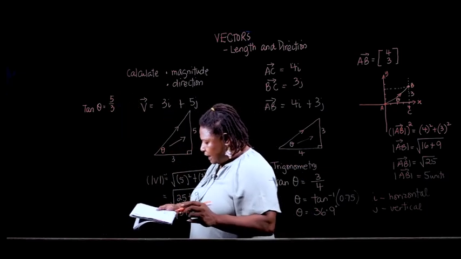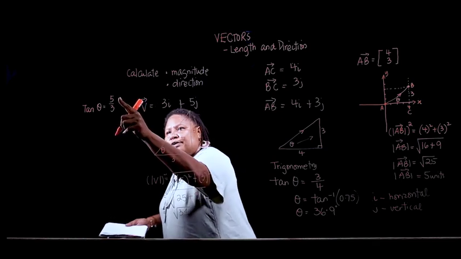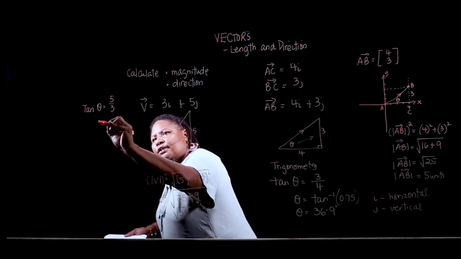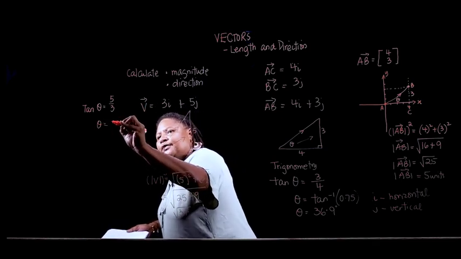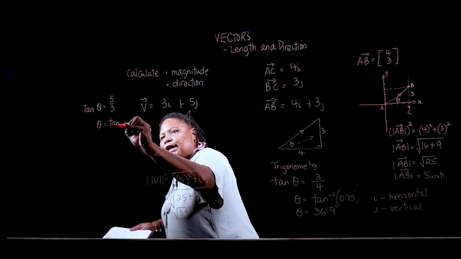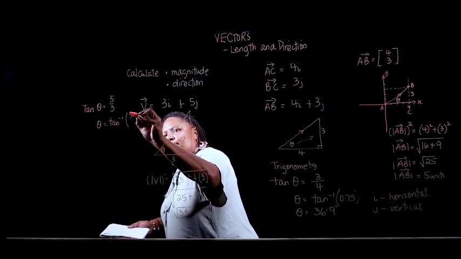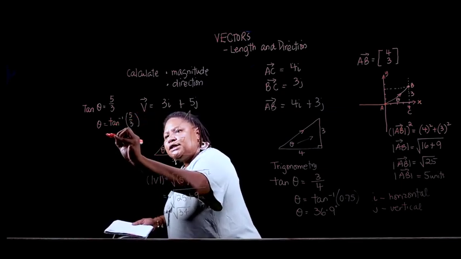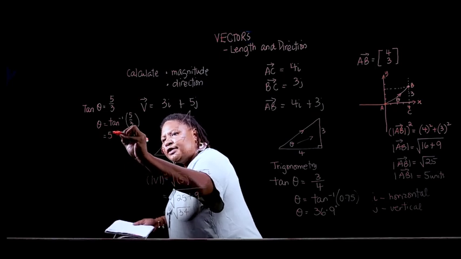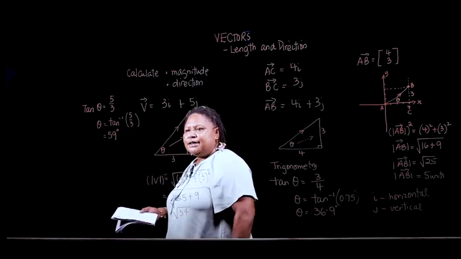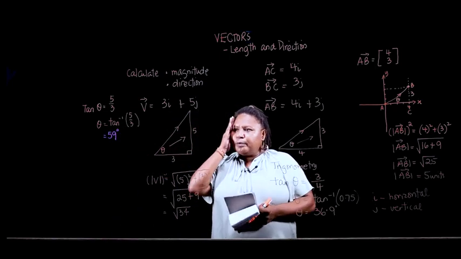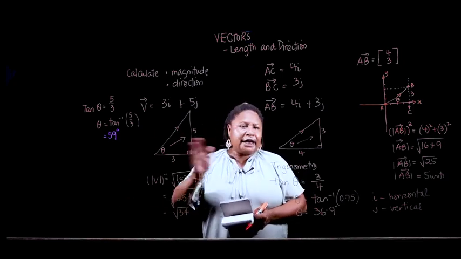We are looking for theta, so we get the inverse tan of 5 over 3, which is equal to 59 degrees. So this is the end of our lesson.